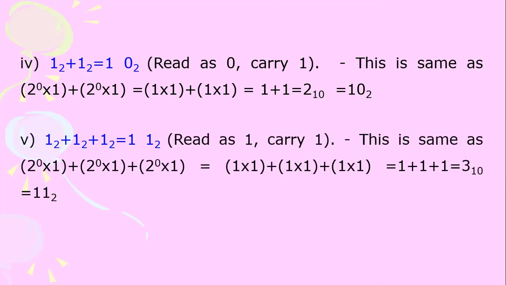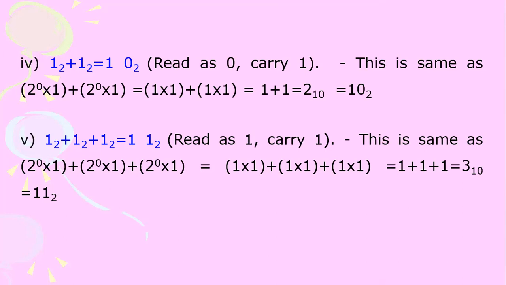Now the fifth rule is this. If you add 1 plus 1 plus 1 in binary, what you get is 1 carry 1.